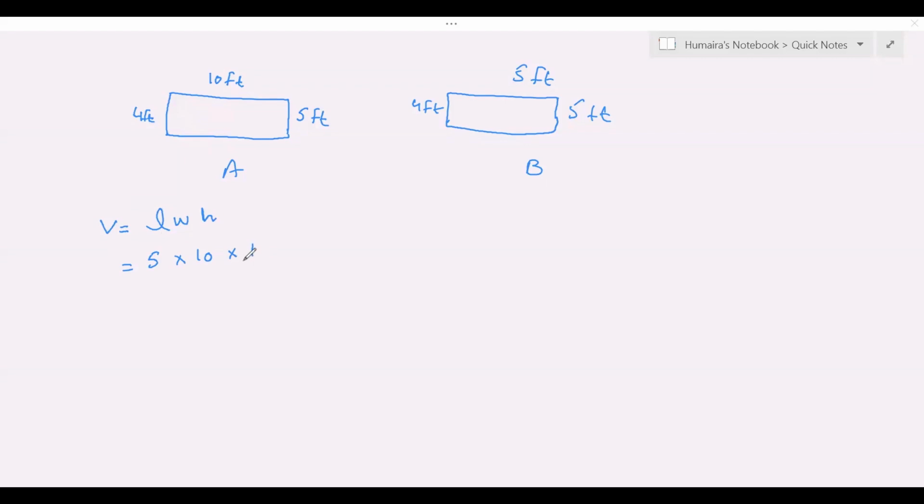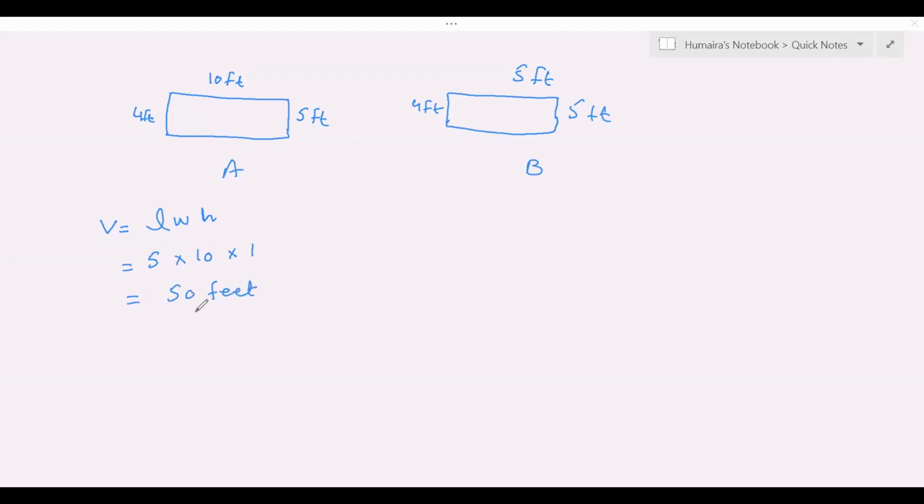They mention at the end of the question that the height of the water in tank A is 1 foot, and now they are asking how high the water will be in tank B. So the height in tank A is 1. Oh, okay, that makes sense. So it will give us 5 times 10 is 50, 50 times 1 is 50 again. So 50 feet.